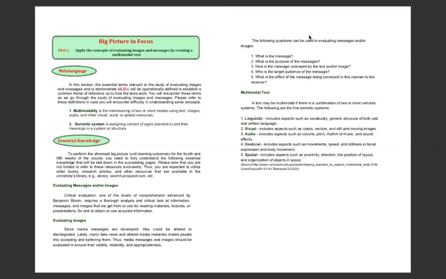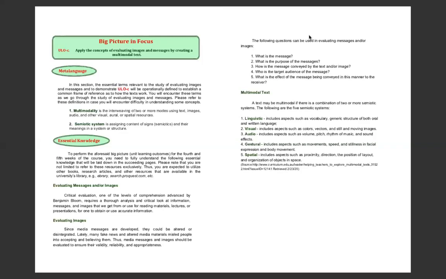Why do we need to evaluate messages or images? For example, in advertisements or on social media. Critical evaluation, as one of the levels of comprehension advanced by Benjamin Bloom, requires a thorough analysis and critical look at information, messages, and images that we get from or use for reading materials, lectures, or presentations for one to obtain or use accurate information.